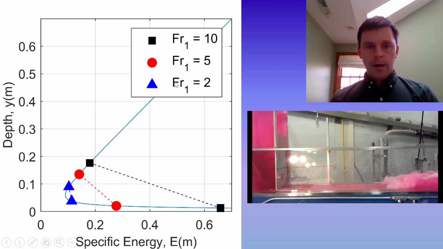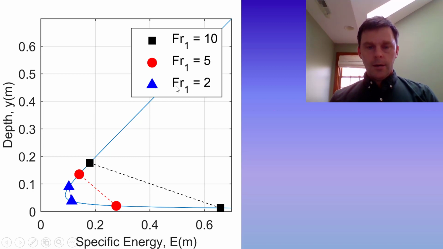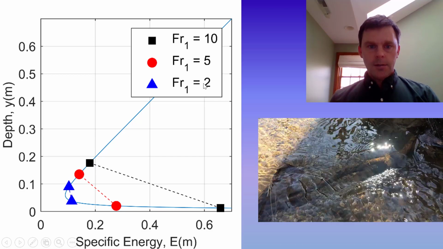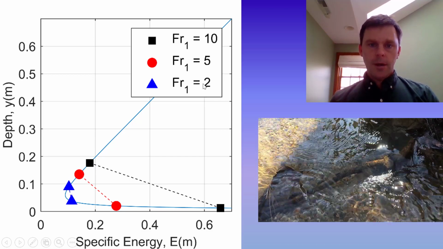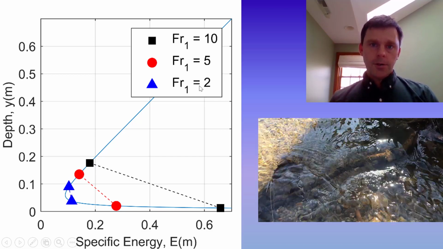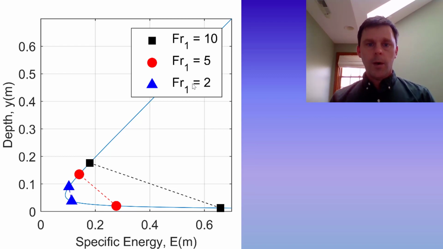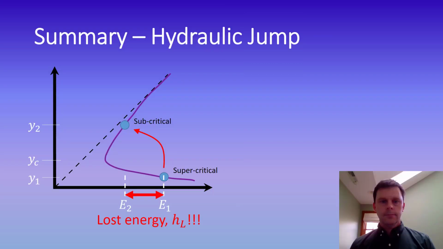On the other end, a Froude number of about 2, that would be closer to that little jump that I showed you where the flow was going over the log in the stream. So when you have a low upstream Froude number, the character of the jump is more wave-like. Okay, it's not going to have a lot of this white water and not going to be nearly as energetic.